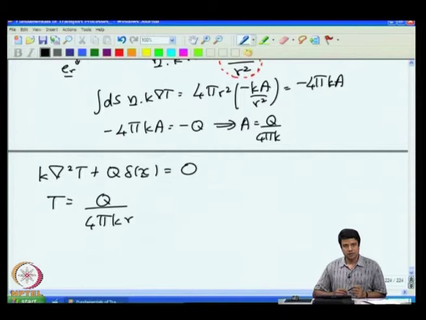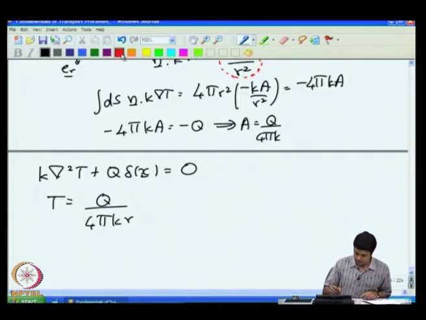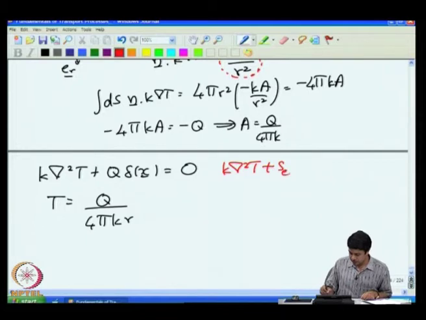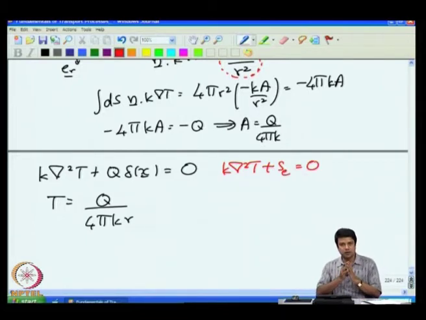Recall that when we defined the delta function, we noted that it had dimensions of 1 over length cubed, or 1 over volume. In the heat conduction equation, we previously had an equation of the form plus S E is equal to 0. S E was defined as the heat generated per unit volume.